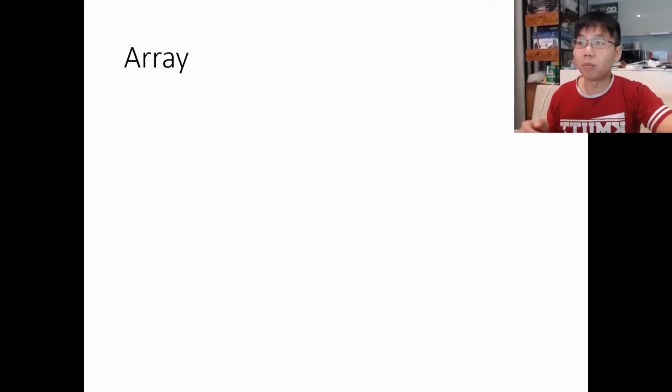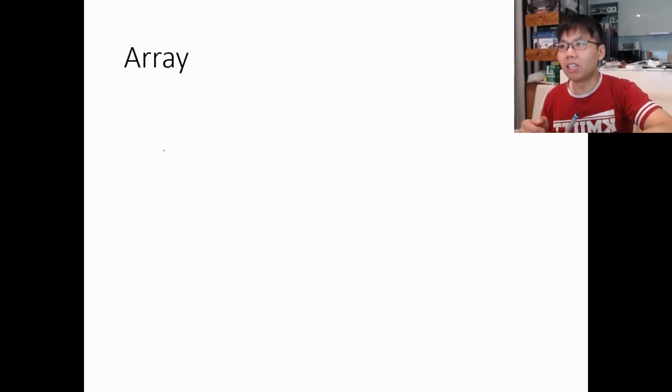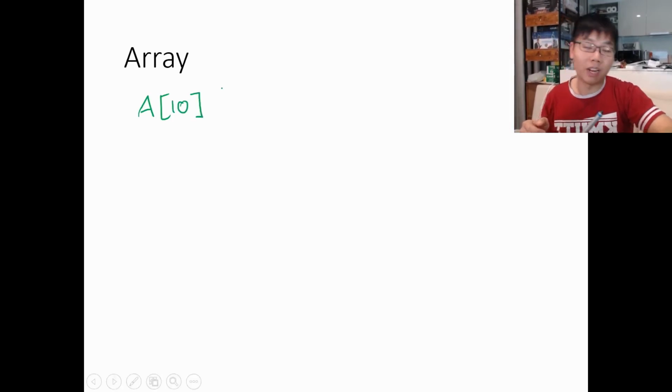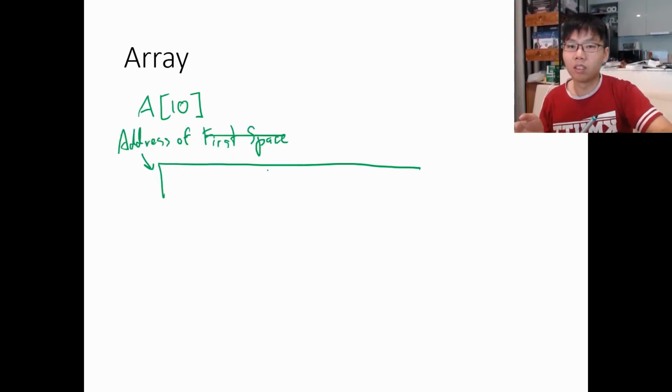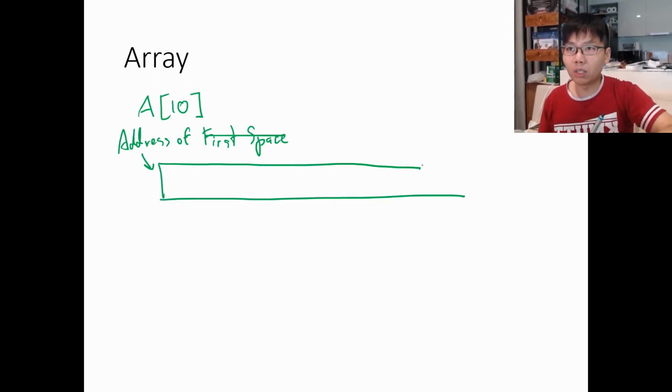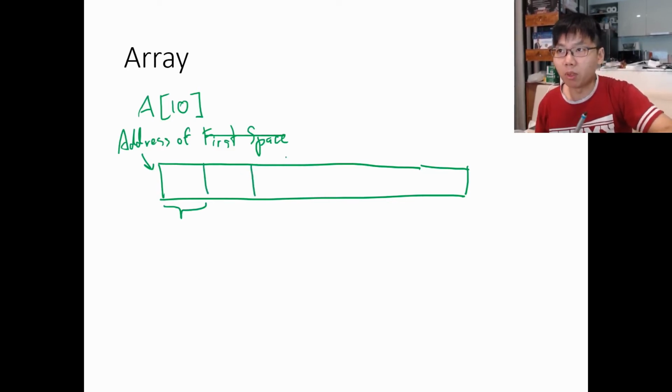And how it looks in the memories is that if you declare an array A of size 10, what it does is allocate the first address in memory, and then it sequentially stores the same size of memories in specific numbers.